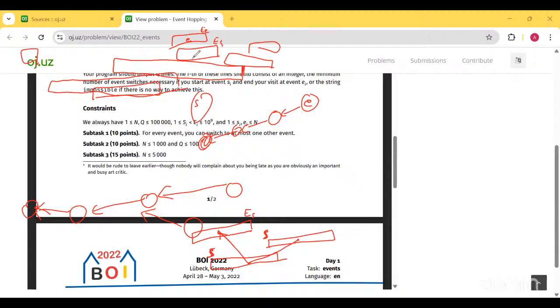So ES should be less than or equal to EE. All right. Is there any question about this idea? Okay. Then let's go to the details.